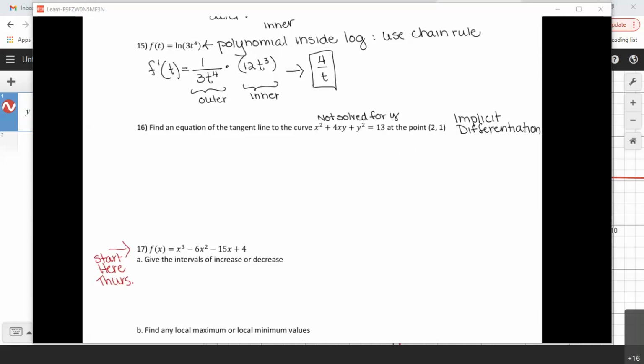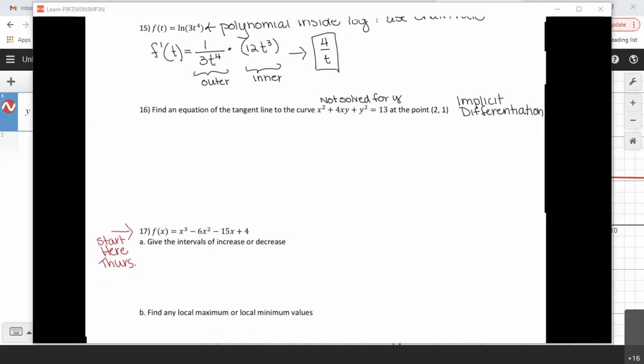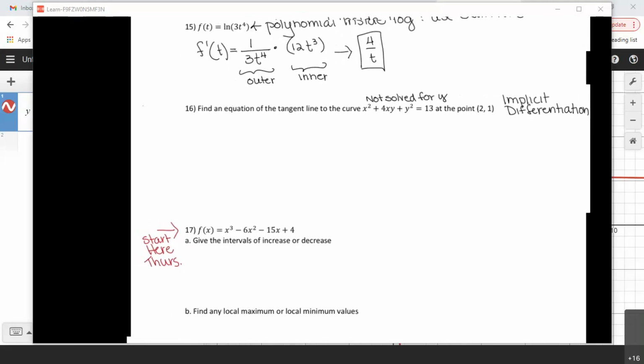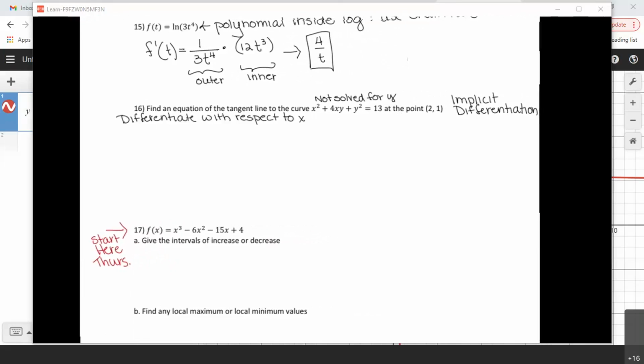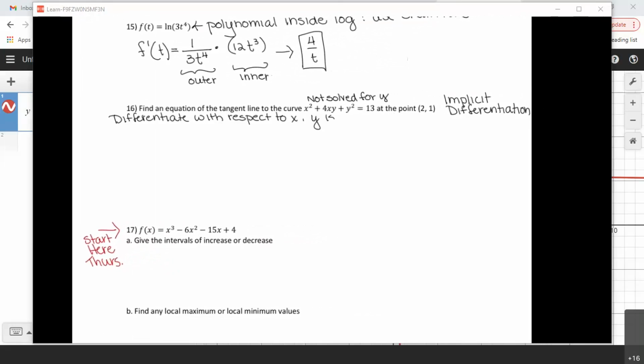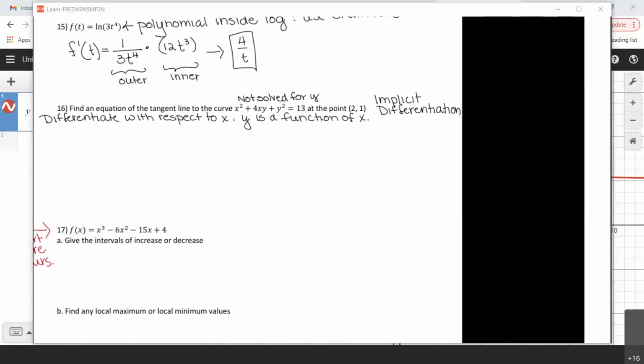Remember this, dy dx? Okay, let's attempt to differentiate it the way it's written, with respect to x. And y is a function of x, so I have to use the chain rule.